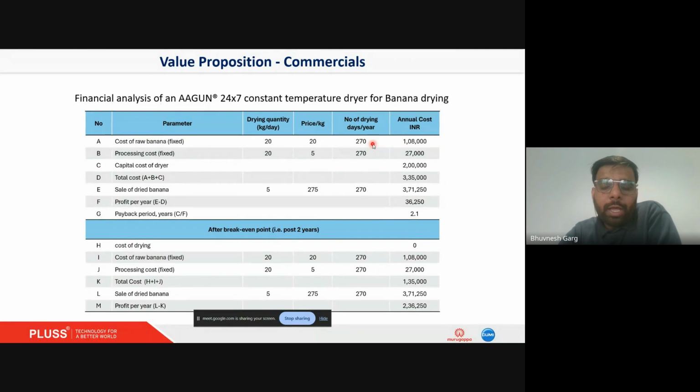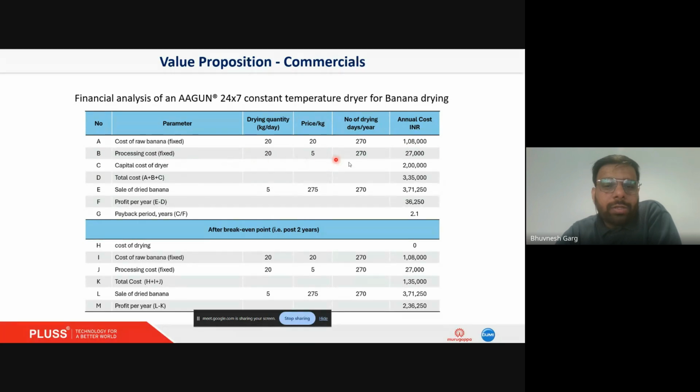Let's consider only 270 days per year, because there are some rainy days, approximately 60 days, so for costing purposes you consider 270 days in a year. So the annual cost of your raw material is 1,08,000 rupees.